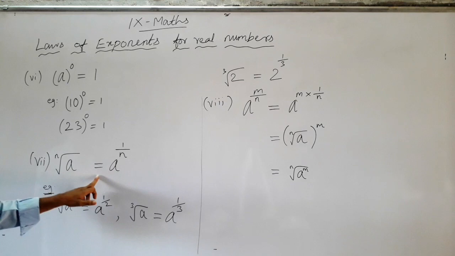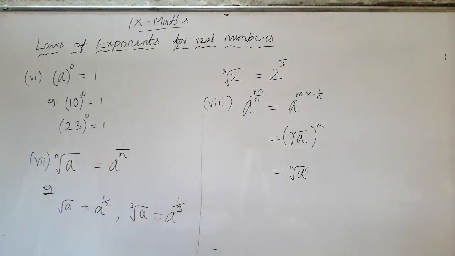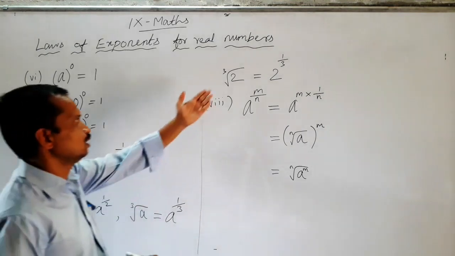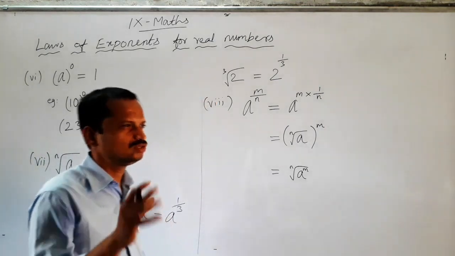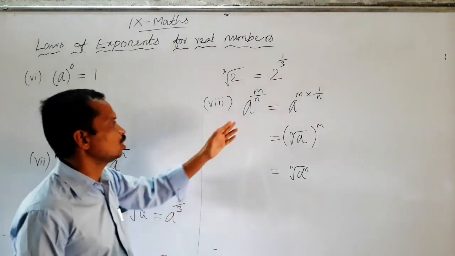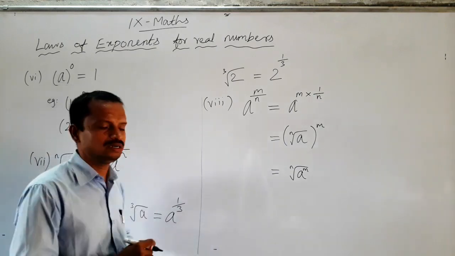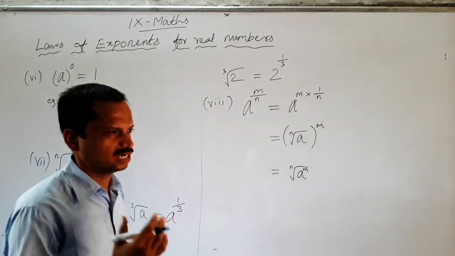Nth root of a is equal to a to the power 1 by n. Some more examples in the general form with numbers I have given, and inside the root the base I also gave as a number instead of a, and the last one is a power m by n. The exponent is m by n, that is rational form.